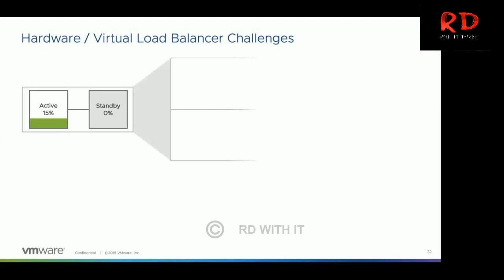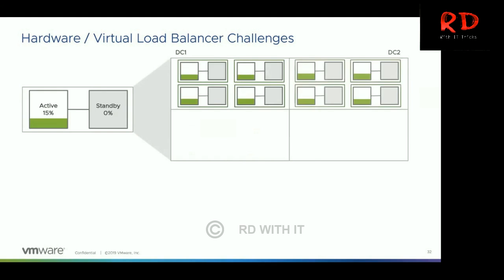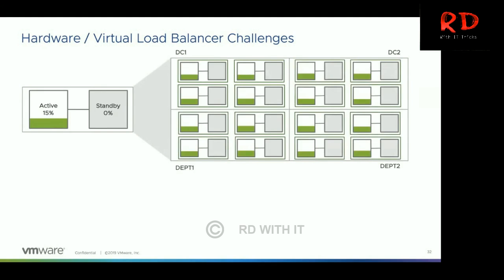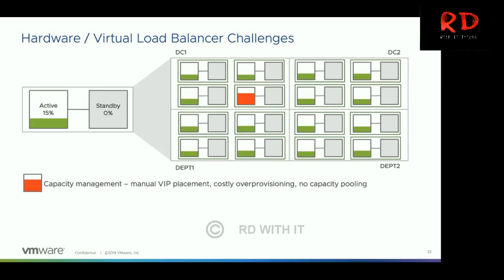Then as your environment grows onto multiple sites or multiple departments, this problem gets even worse. What you find is that in any environment, the larger it gets, there's huge wasted capacity from physical active standby load balancer pairs. The other challenge is capacity management.